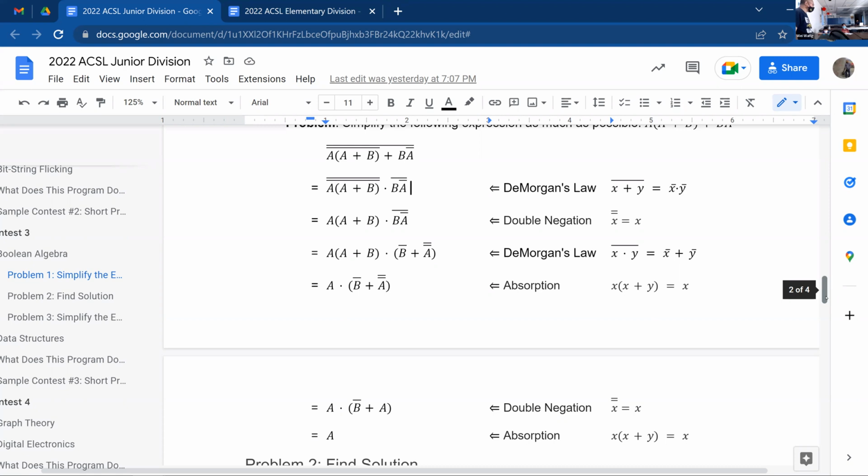Even if it's not B, can you still do the absorption? Yes, because if you think about it, not B is something, right? You can call it Y. You can call Y not B, because in algebra you can always do tricks like that. You can call one huge part Y, like you do in regular math algebra.